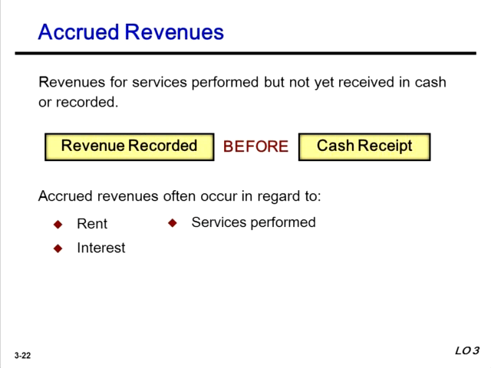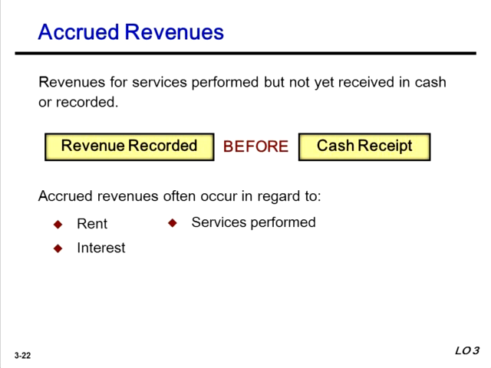If we look at accrued revenues, what we see here is that services have been performed, so revenue can be recognized, the earnings process has occurred, but the cash has not been received or recorded.